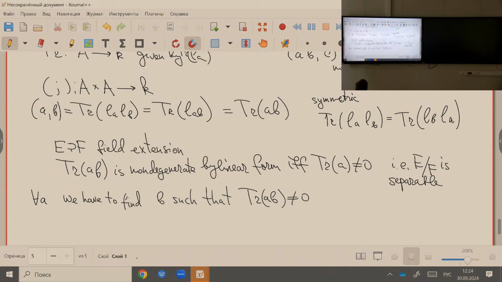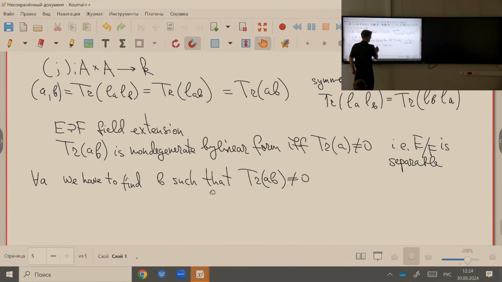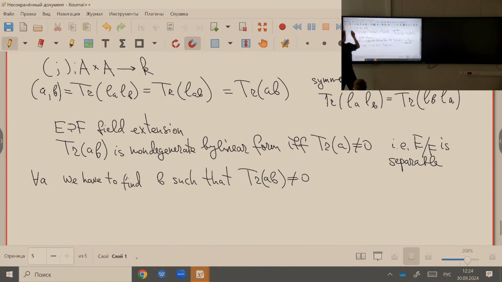How can we obtain it? We know that there is always C: if the trace is non-zero, there exists C such that trace of C is not equal to 0.